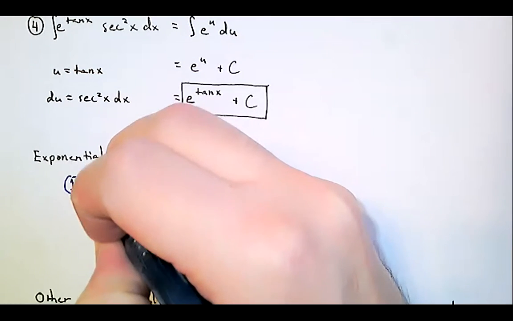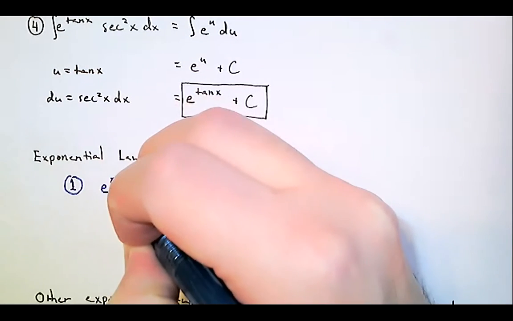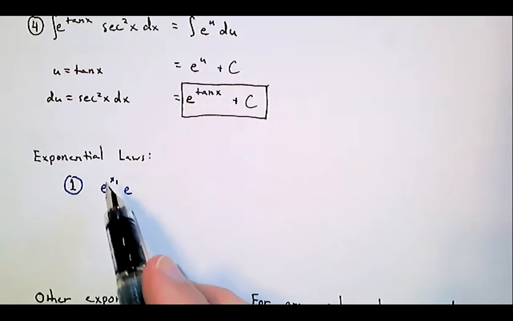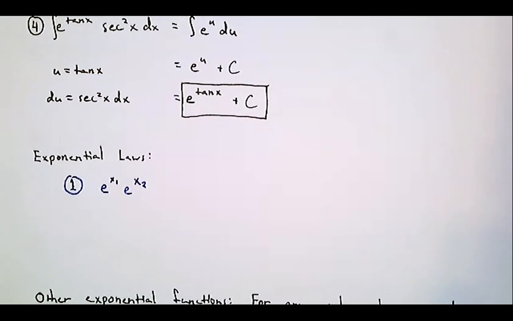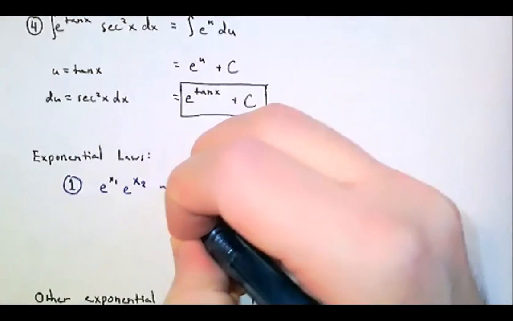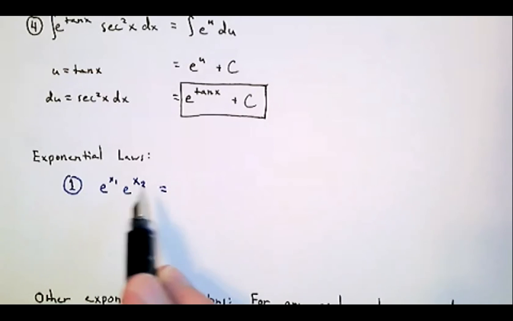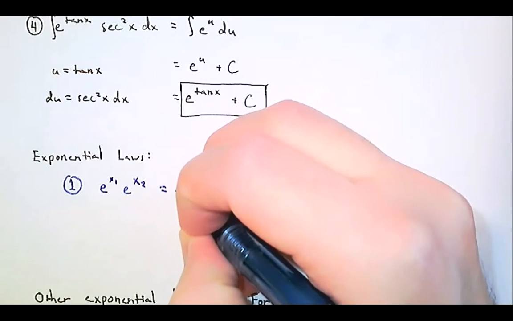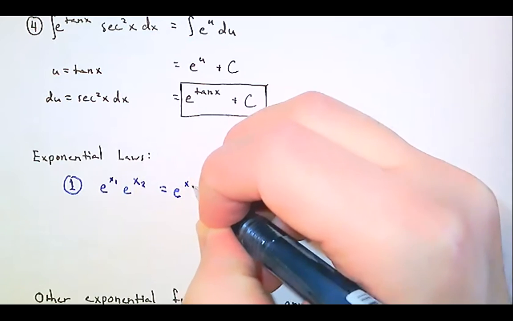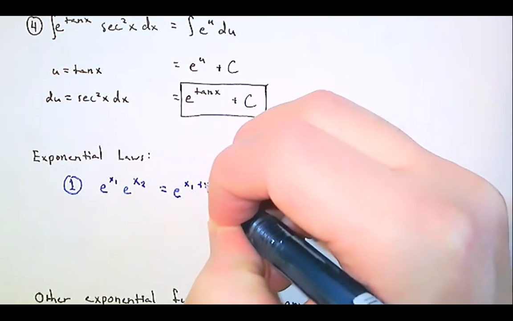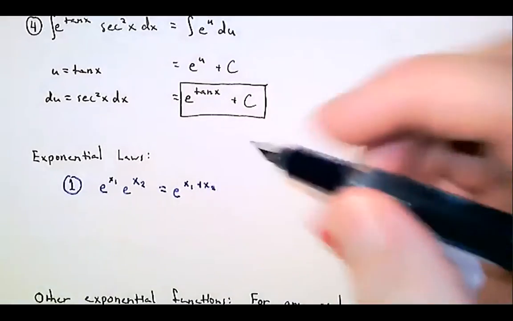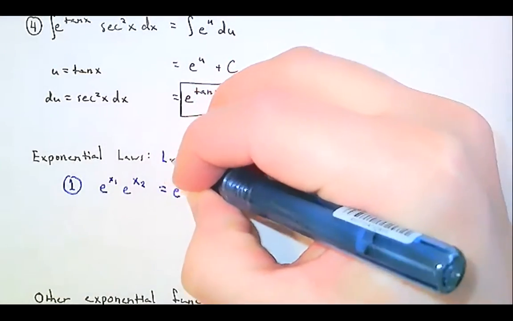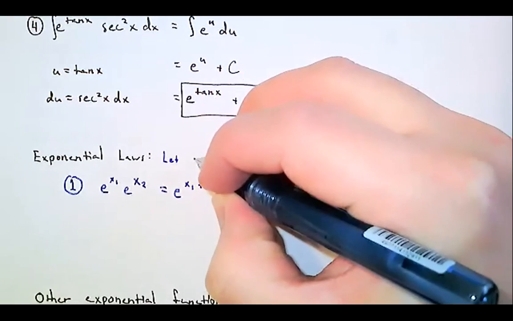If I have two exponential functions being multiplied together, so e to the x1 times e to the x2, let's say, then we add the exponents. And I should probably put a note up here that x1 and x2 are just numbers.